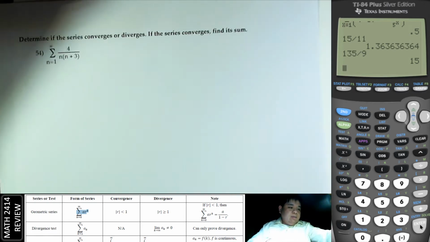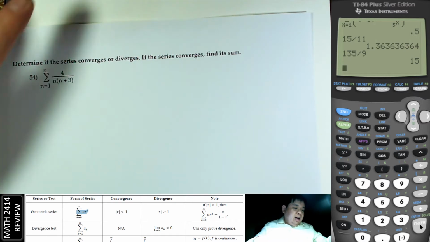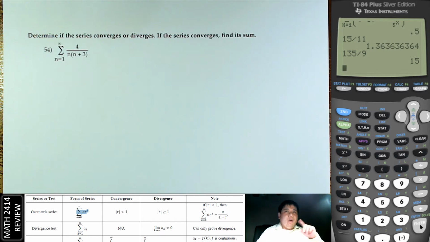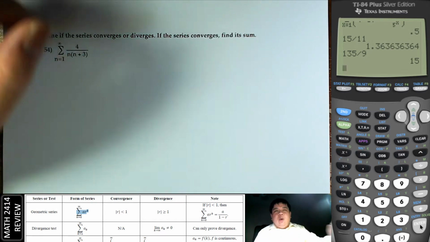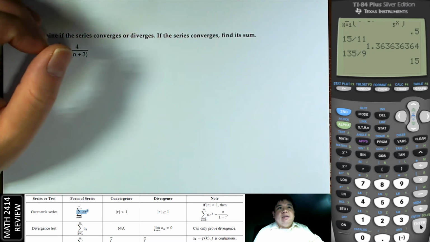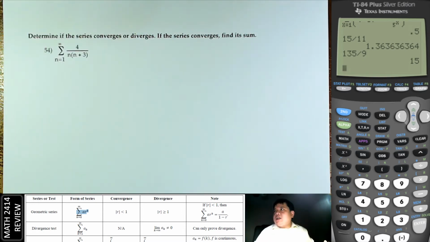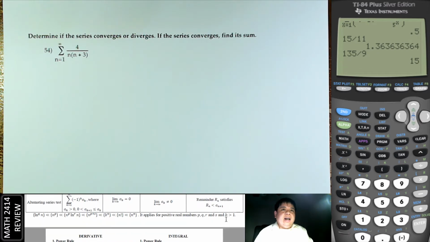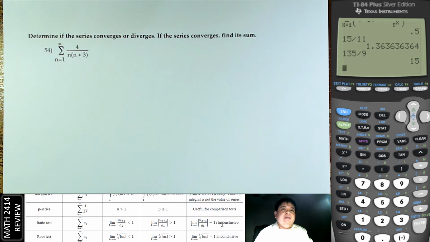Right. Next we have: determine if the series converges or diverges. If the series converges, find the sum. Right. So one thing on this test, when I ask you to find the sum, if we look at all the formulas we have here, none of the series give us the sum.